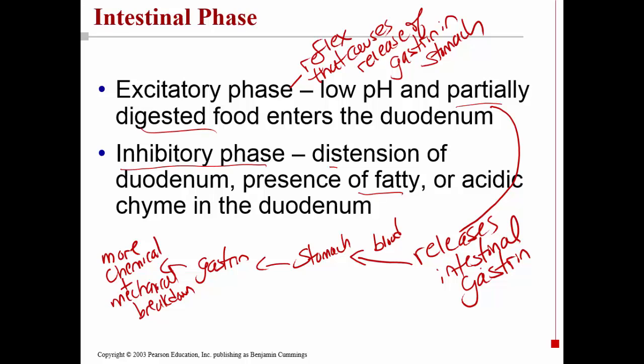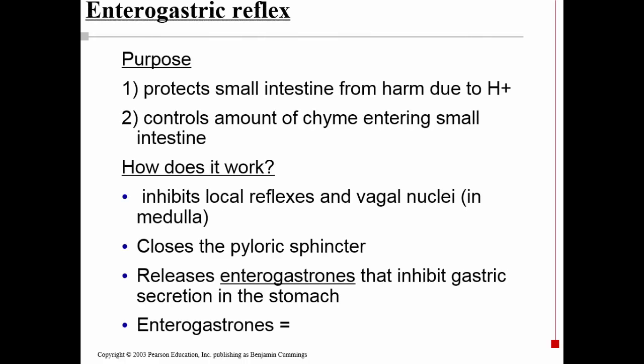This is called the inhibitory phase because instead of saying to the stomach, speed up the chemical breakdown by releasing gastrin, it's saying slow down the chemical breakdown. And it does this through a process called the enterogastric reflex. So again, the purpose of this is to slow down the release of gastrin.